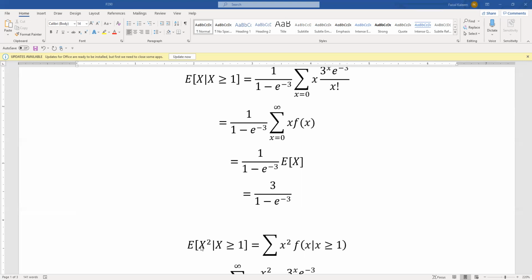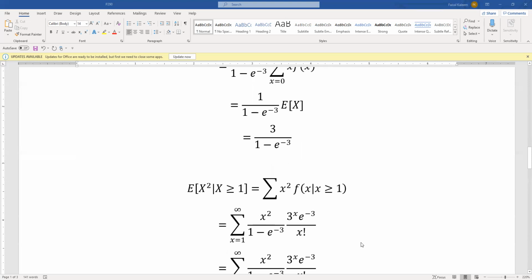Now we will need E[X squared | X ≥ 1]. So that's the summation of x squared against the corresponding probability function. And we found this probability function to be 3^x e^(-3) over all this previously.